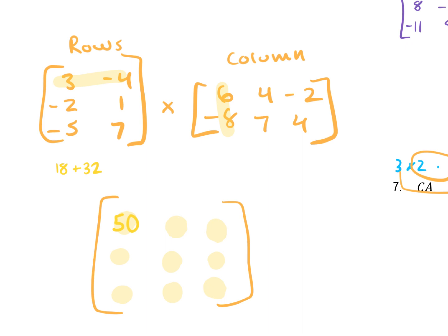Next, we have the first row, second column. That's going to go in the first row, second column spot. So first number times the first number would be 12, plus second number times the second number, negative 28. 12 minus 28 is negative 16.